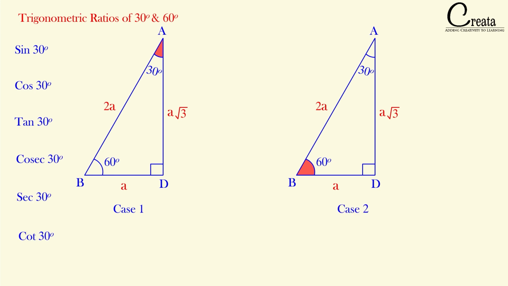In the second case, we will take angle 60 degree as the trigonometric angle. Then we will calculate sin 60, cos 60, tan 60 and all the other trigonometric ratios. This way we will get the value of all the trigonometric ratios for 30 degree as well as 60 degree.